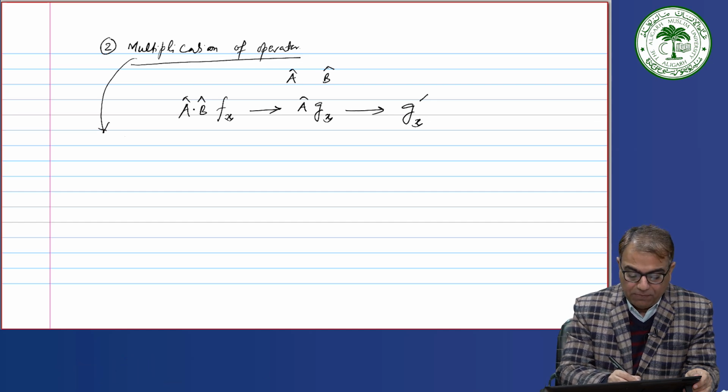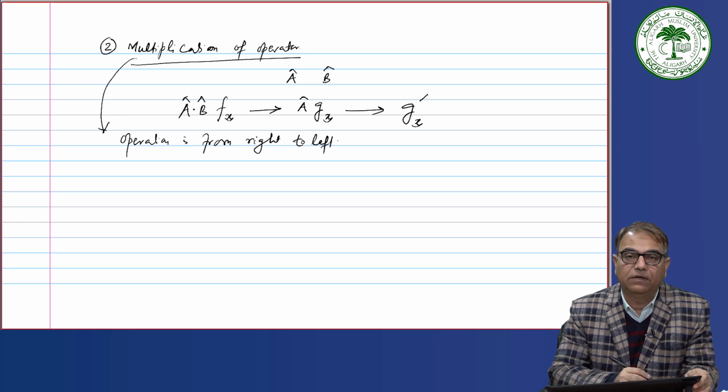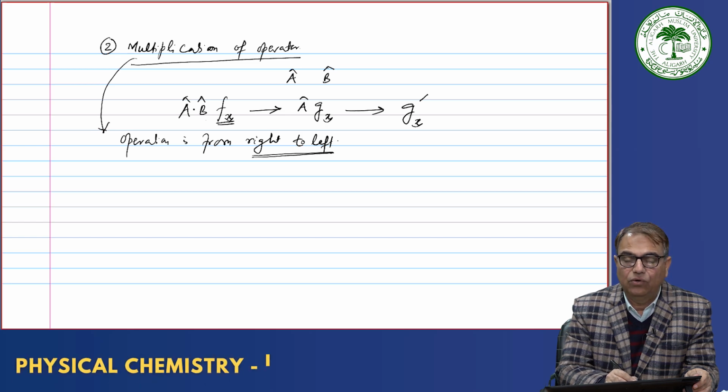So mathematical operation is from right to left. Okay, this is fixed. You operate with the operator which is closest to the function first, and then go to the next operation.